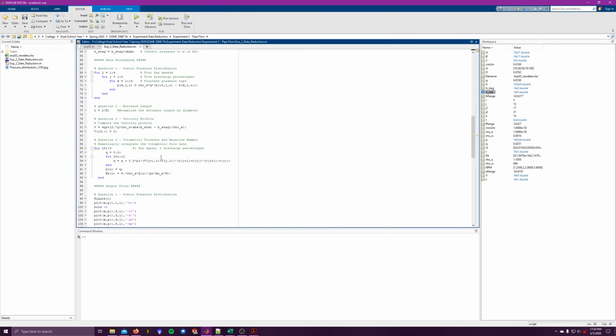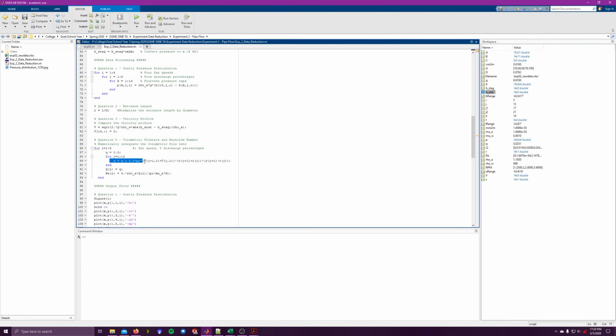And then I'm doing for J equals 1 to 13. So we had 14 taps, but the way this equation is set up, we have J plus 1. So if I had J equals 1 to 14, that wouldn't have worked, because then it would be trying to go to some J value on the 15th row, and that wouldn't exist. So we're doing from J equals 1 to 13.